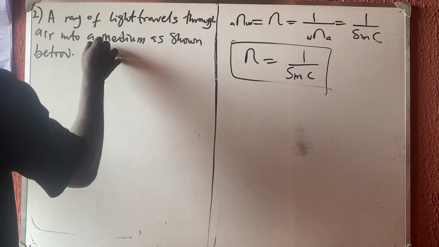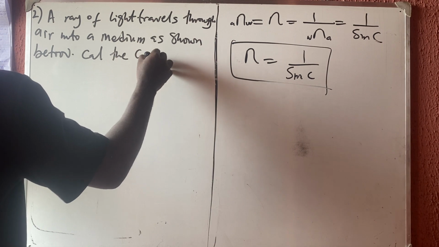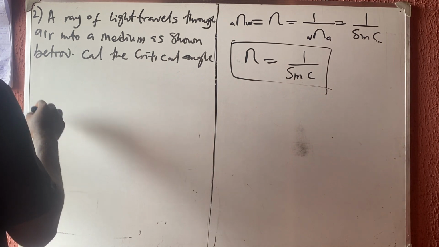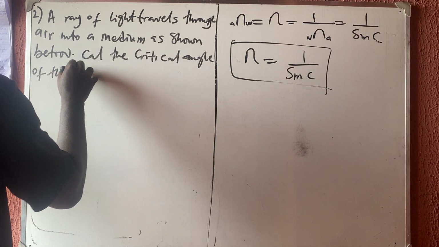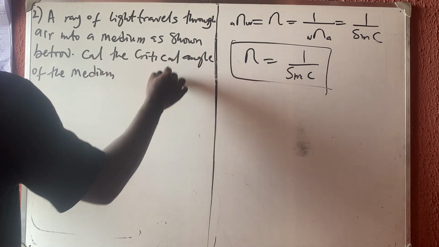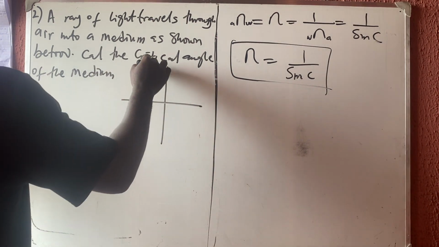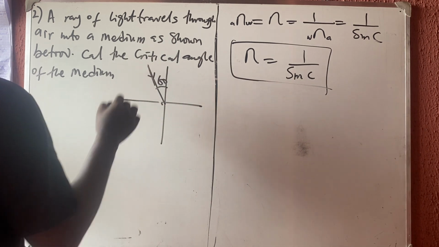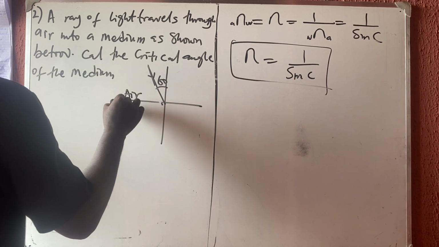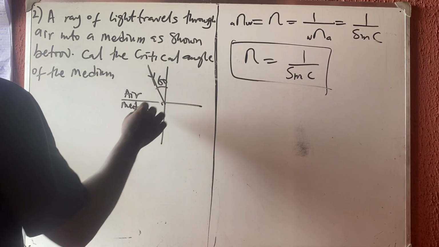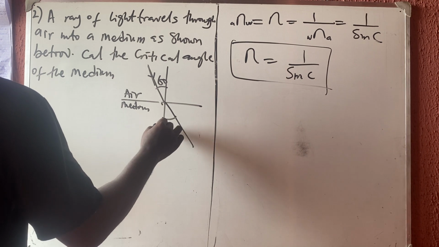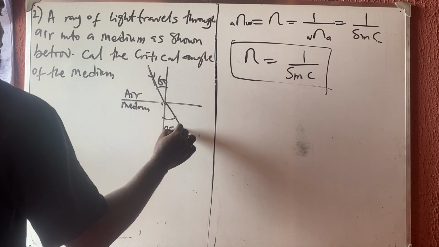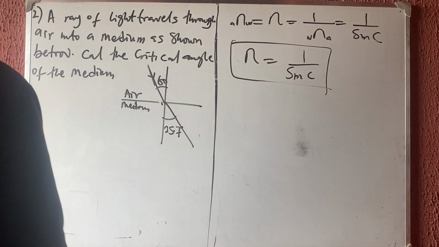Calculate the critical angle of the medium. Then I drew something like this. Here is 60, this is air, and this is the medium, and then they say that here is 25.7.